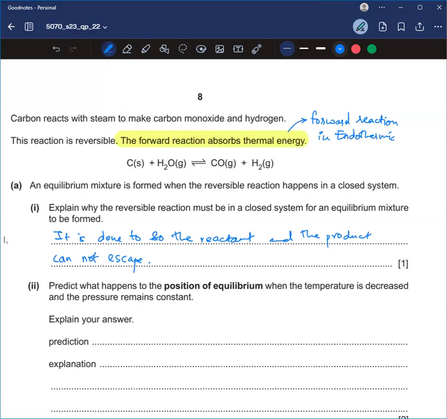Because when the system is absorbing energy in any direction, whether it's forward or backward, that direction of reaction is endothermic, and the opposite direction would obviously be exothermic. So if forward is endothermic, then backward would be exothermic.